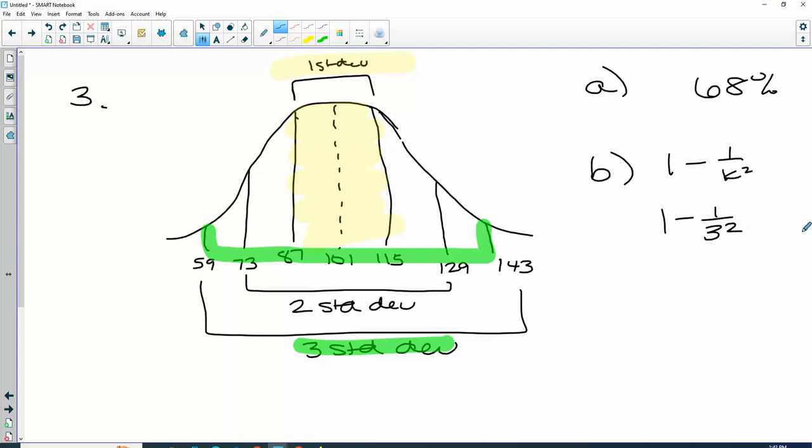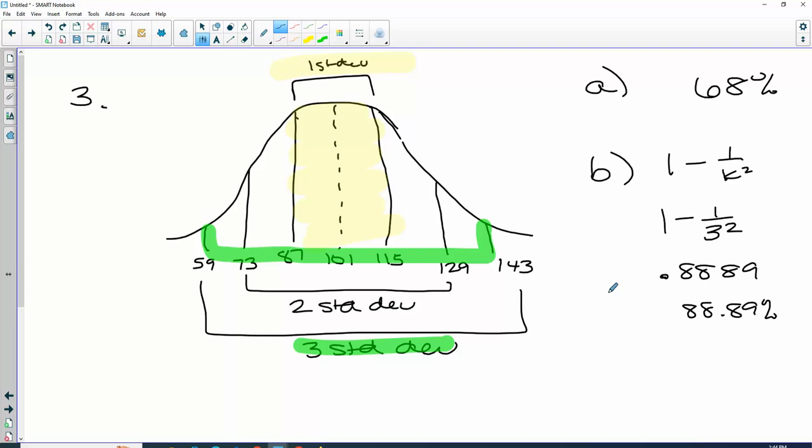If you type that in, you get 0.8 repeating. So that would be 88.89%. If it tells you it's bell-shaped, it's empirical rule. If I don't know the shape, it has to be Chebyshev's. Is that okay?